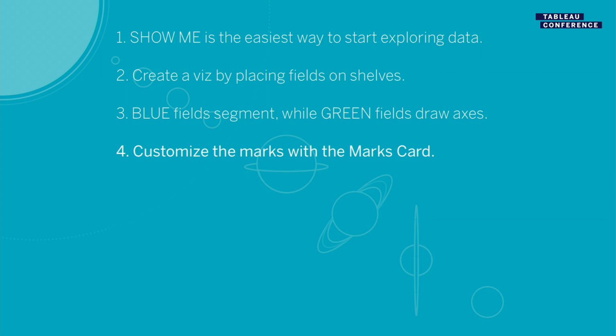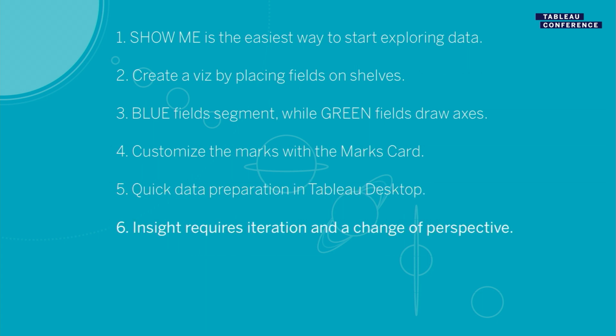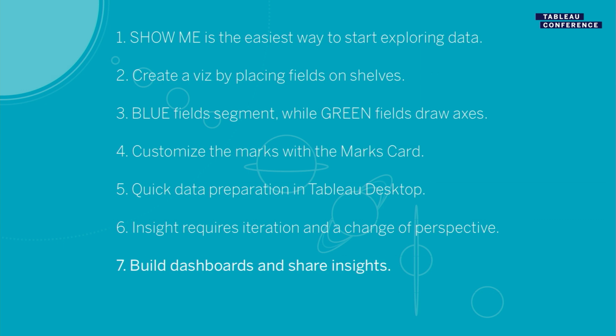That you can customize your marks with a tool called the Marks card. And that you can do quick data preparation with Tableau Desktop. Also, that insight requires iteration and a change of perspective, so we'll demo that today. And finally, we'll build a dashboard and tell you some ways of how you can share those insights that you've found with Tableau.